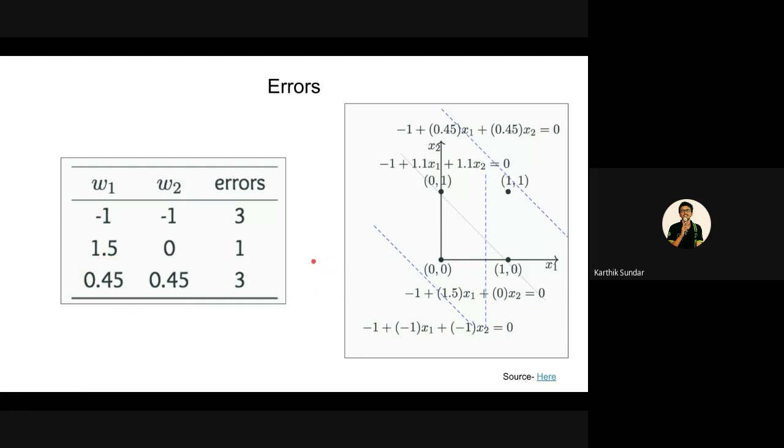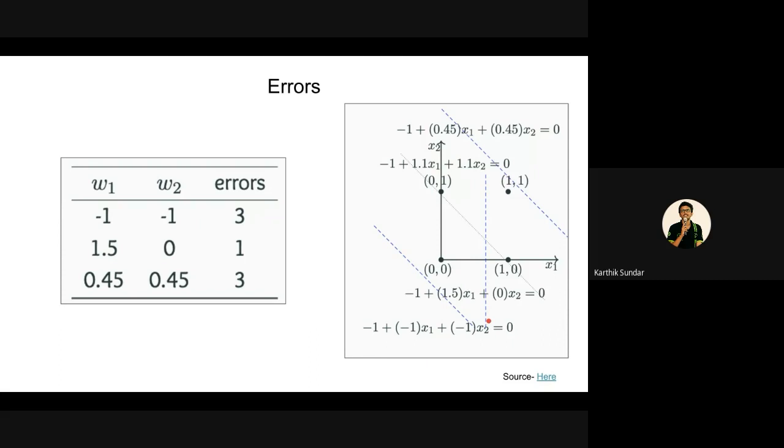But let's take one more example. W1 as 1.5 and W2 as 0. So this is going to be the particular line representing those weights, those particular parameters. For this line, let's see what the error is. Whatever is to the right is supposed to be 1, and whatever is to the left is supposed to be 0. And again, it's making a mistake because this point is supposed to be 1, but it is predicting 0.